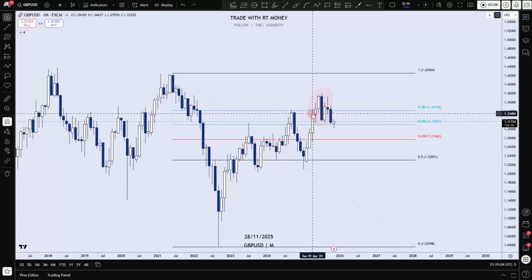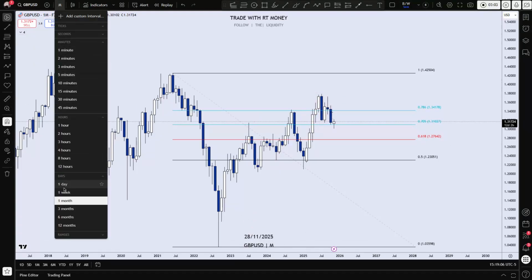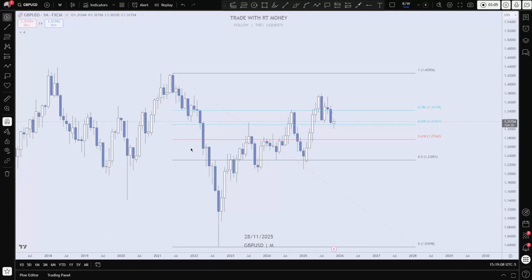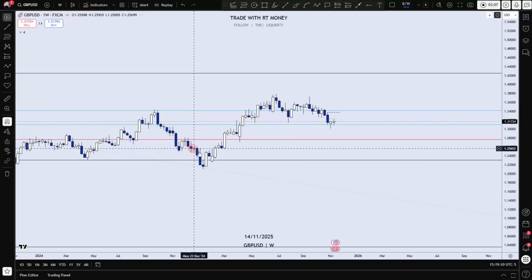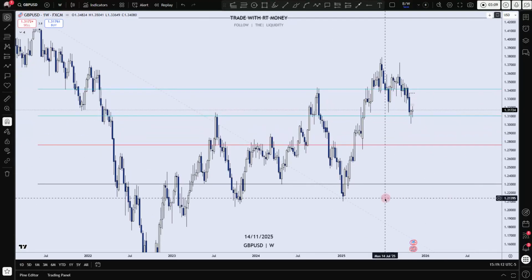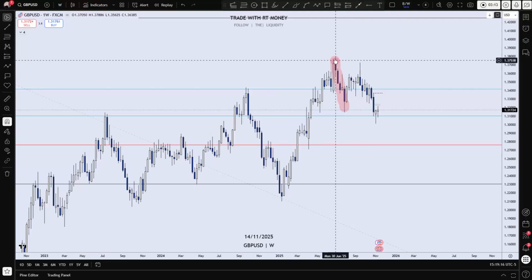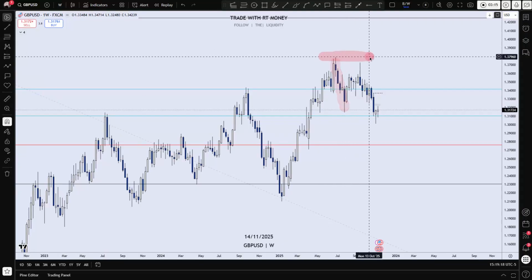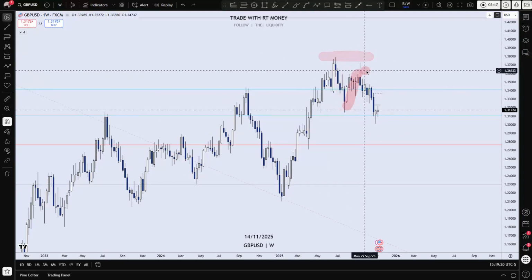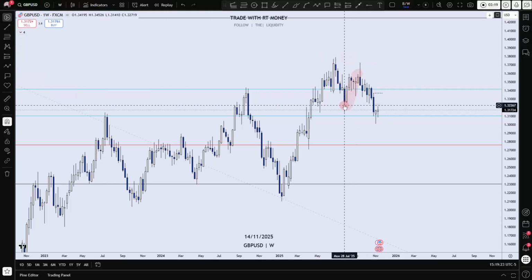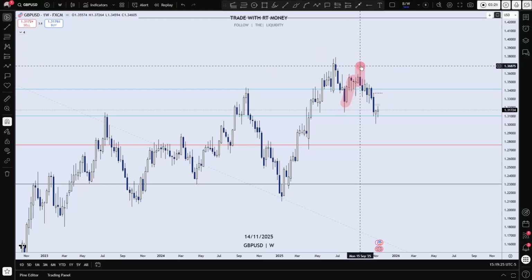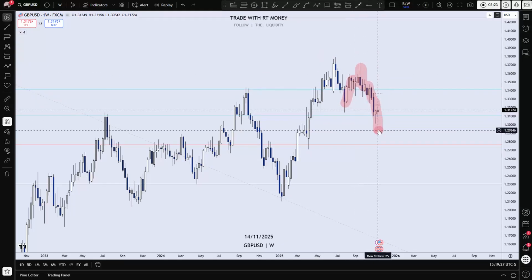All right. On the lower time frames, if we go down to the weekly, you can see we have a series of down closed candles that were never overtaken. The high was protected. Price came up, swing failure to make a new swing high, and then we continued lower from there.